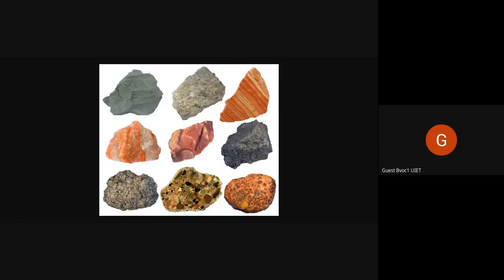I'll show you a few metamorphic rocks. Metamorphic rocks by characteristics have a lot of nuances to them. They're beautiful rocks. They have a lot of layers. They're very colorful. Marble is one of the most commonly known metamorphic rocks.